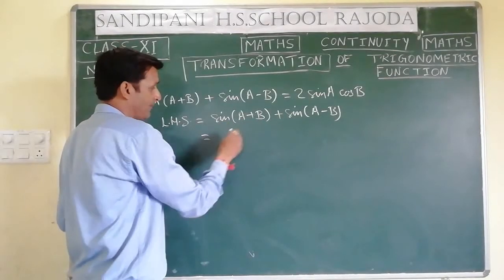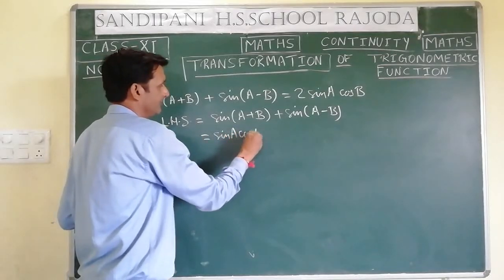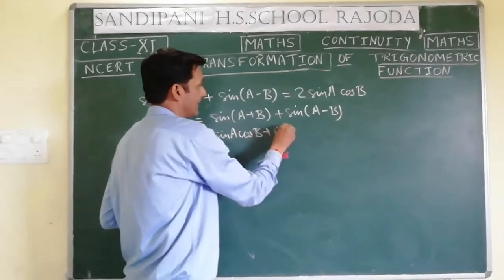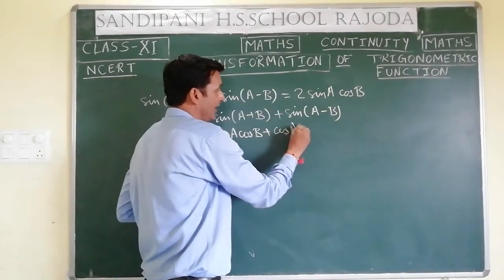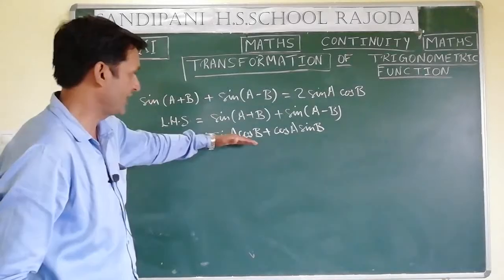sin(A+B) will be sin A cos B + cos A sin B. It is the formula of sin(A+B) which I have mentioned here.